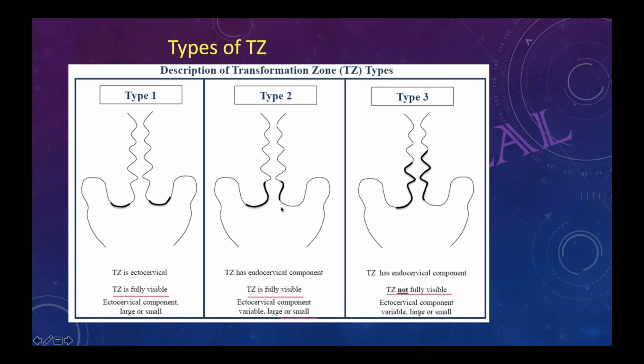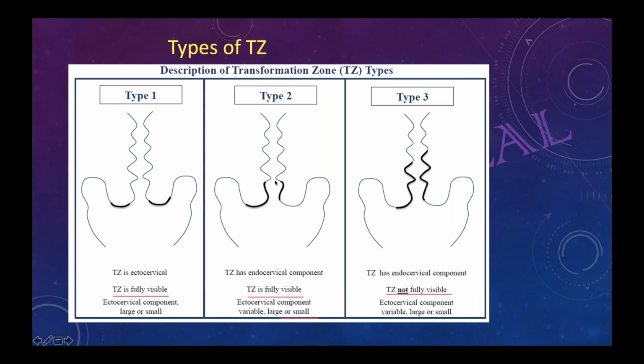Now this is type 2. You see some part, so this is the old squamocolumnar junction, and this is the new one. Some part of it is inside the cervix, in the endocervix, so you can't see it from the colposcope.